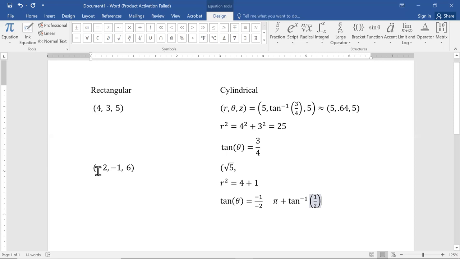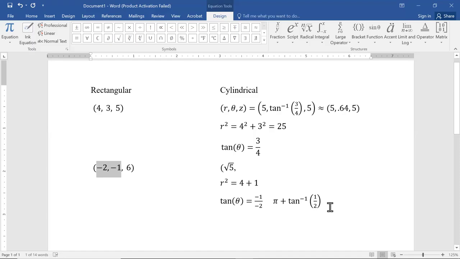So again, inverse tangent always gives you out an angle between negative pi over 2 and positive pi over 2. So in the first and fourth quadrants. Therefore, if you're given a point in either quadrant 2 or quadrant 3 in the xy plane, again, I'm just talking about the first two coordinates here, then I have to add pi to that.